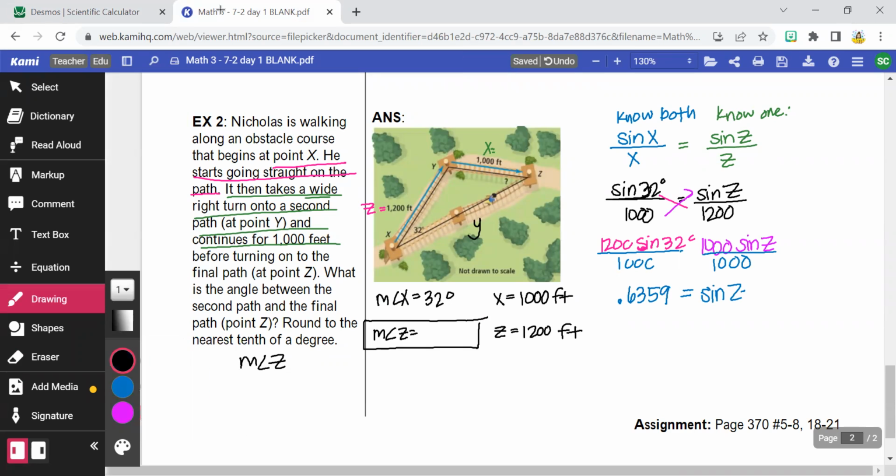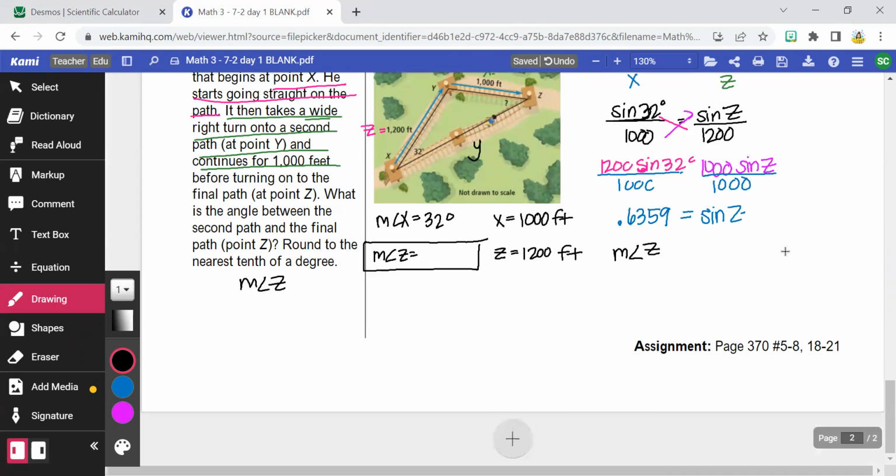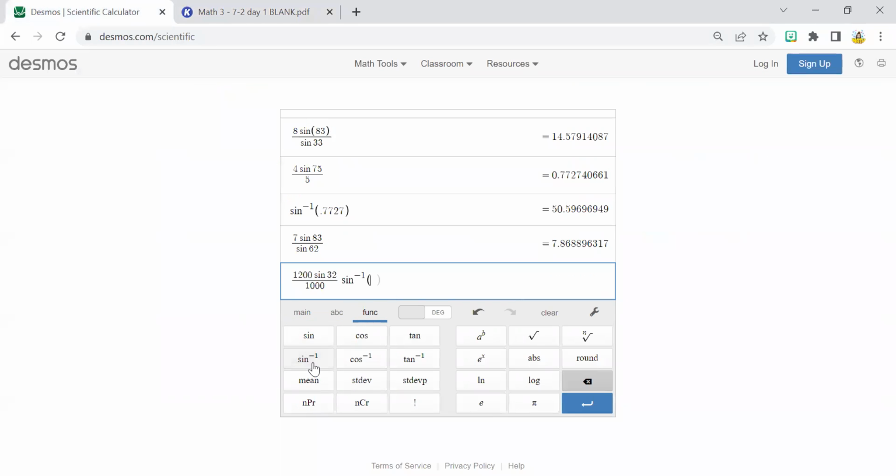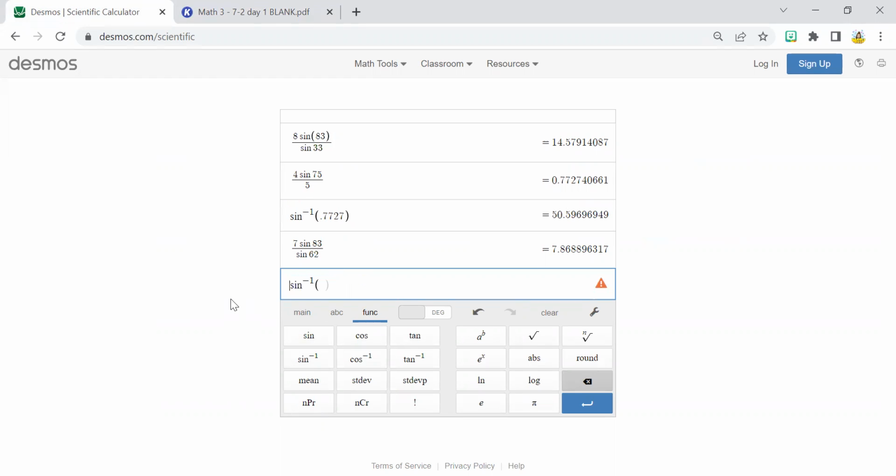So that means that the measure of angle Z is going to be equal to the inverse sine of that value. The inverse sine of 0.6359 is going to give us the measure of angle Z. 0.6359 gives us 39.5 degrees.